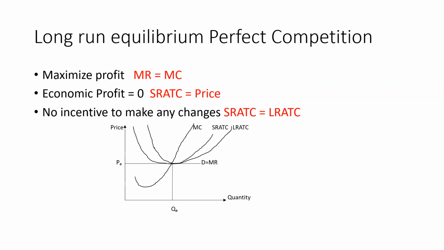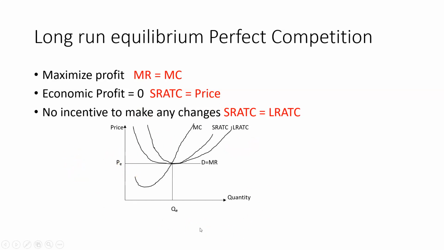So you can change anything you want. And remember that long run average total cost curve is the one with the flatter bottom, the U that looks like somebody sat on it.